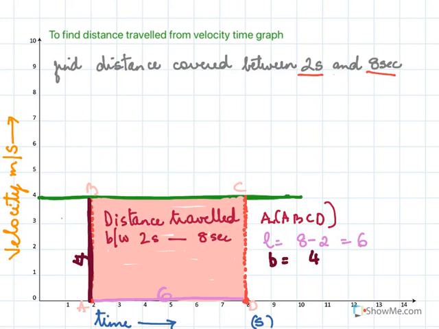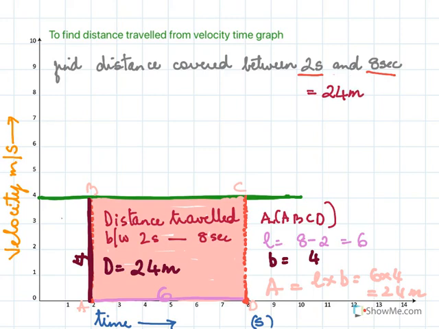So my area in this case will be length into breadth, that is 6 into 4, 24 meter. So distance covered in this case will be 24 meter. The distance covered between 2 seconds and 8 seconds will be 24 meter.